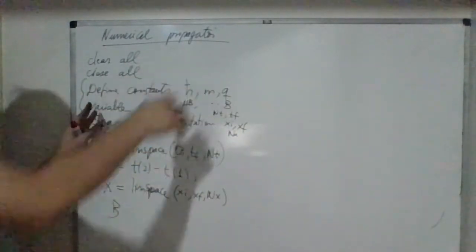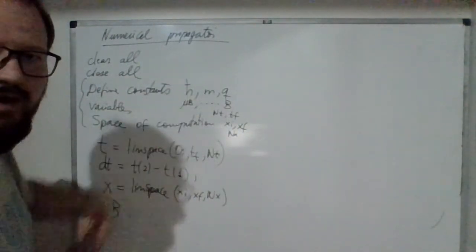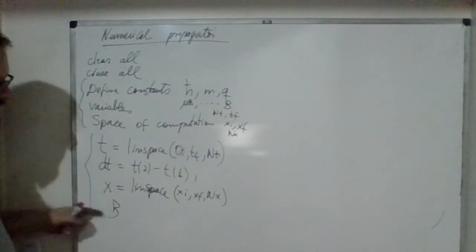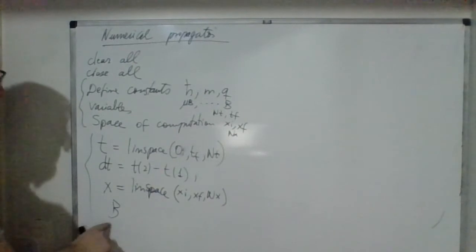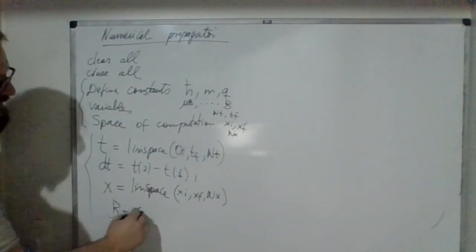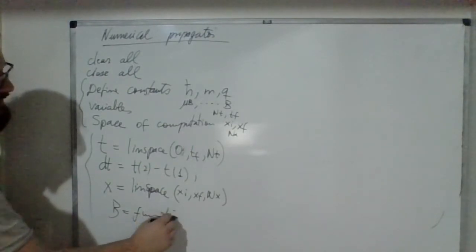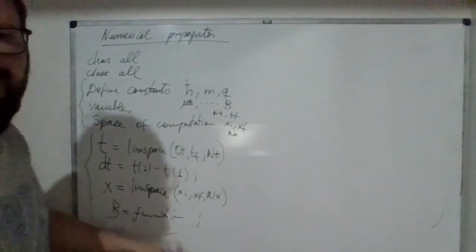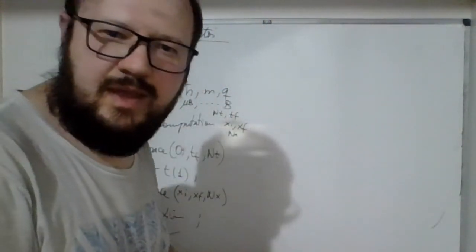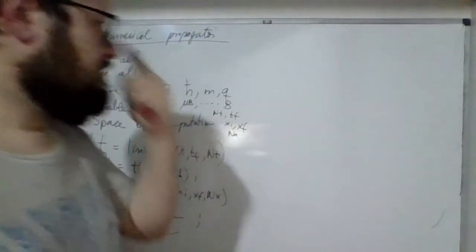All the constants are defined, all the space is defined. Now suppose you have to define some magnetic field which is a function of time. You need to insert a function here, which is the function defined for the magnetic field. It is a vector. You just need to format your Hamiltonian the proper way.